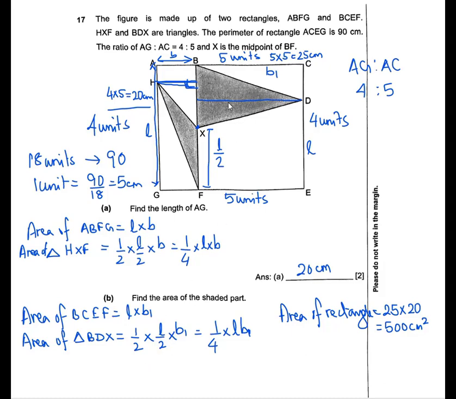Now the area of the shaded portion, as we have seen, is 1/4 the area of the respective rectangle. So the area of the shaded portion is 1/4 the area of the rectangle itself, so 500 in this case. And that is equal to 125 cm squared.